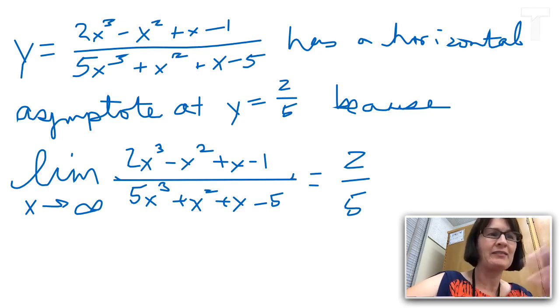I had to write this with my stylus. So I would say y equals 2x cubed minus x squared plus x minus 1 all over 5x cubed plus x squared plus x minus 5 has a horizontal asymptote at y equals 2/5 because the limit as x approaches infinity of 2x cubed minus x squared plus x minus 1 all over 5x cubed plus x squared plus x minus 5 equals 2/5.